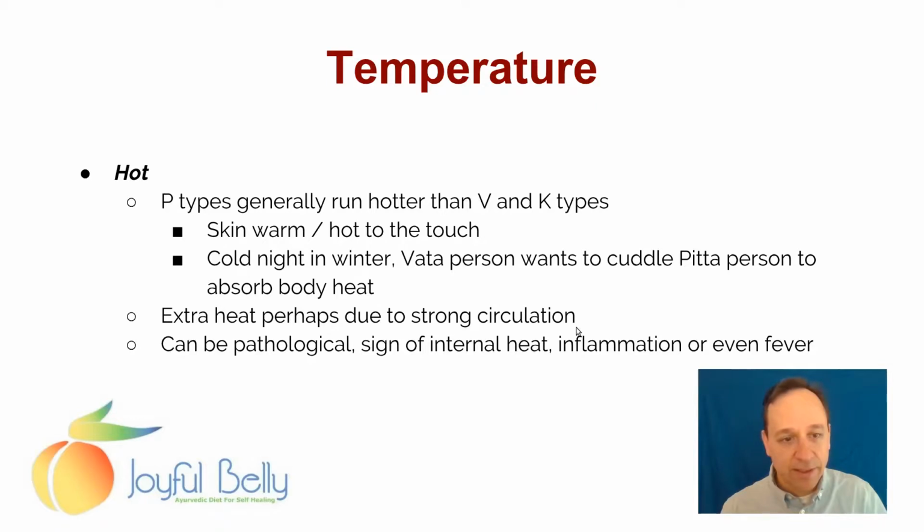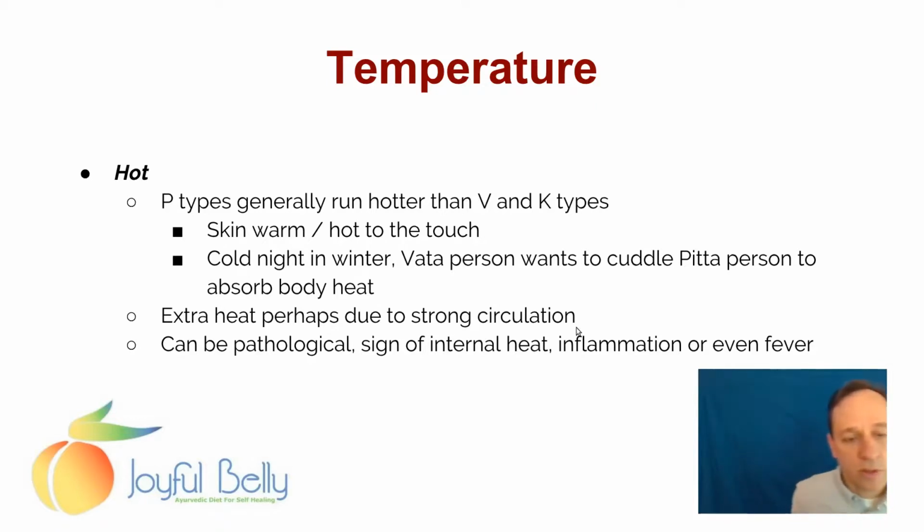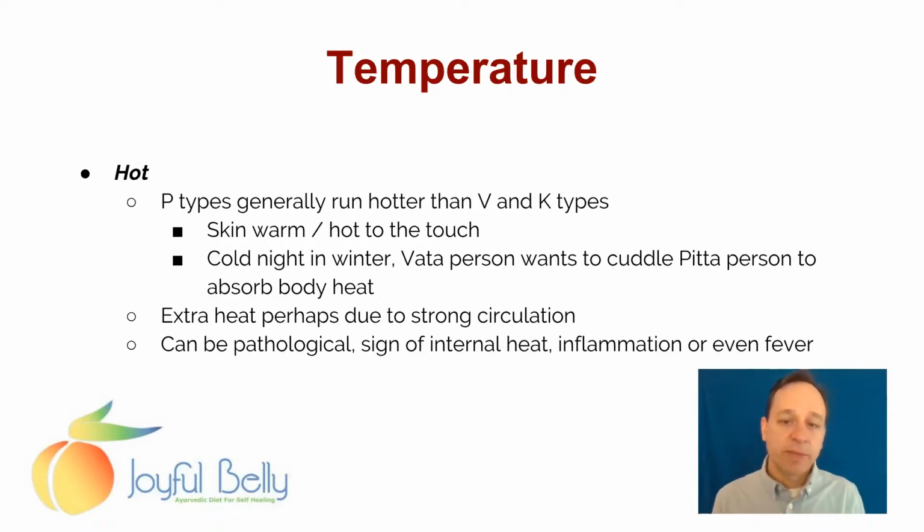And so, what are some reasons for that extra heat? It could be due to strong circulation. Pitta people tend to have strong circulation. They tend to have blood vessels dilated, so vasodilation. And heat could be generated by a number of causes.